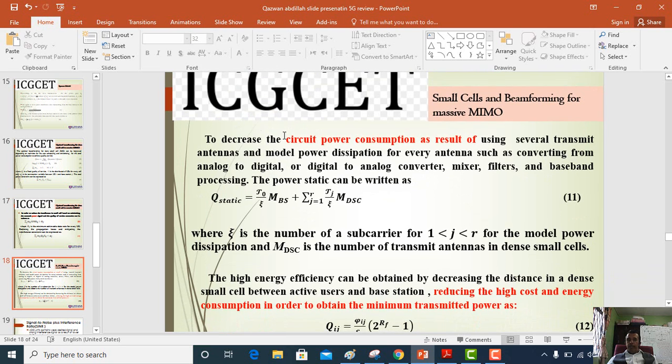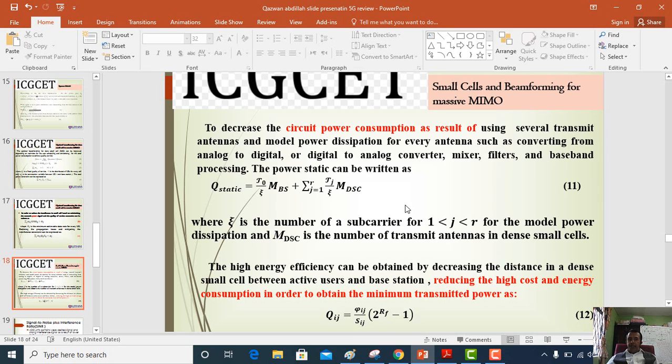Here we have to decrease the circuit power consumption as a result of using several transmitter antennas, as a model of power dissipation for components such as converters from analog to digital or digital to analog, mixers and filters. You use equation 11.